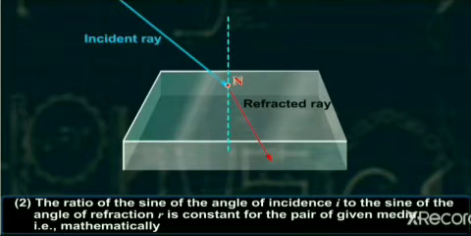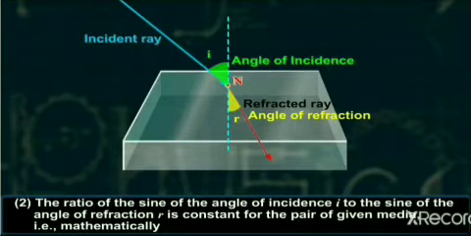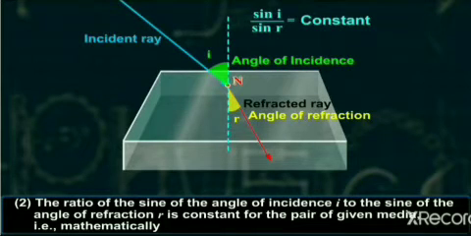The ratio of the sine of the angle of incidence I to the sine of the angle of refraction R is constant for the pair of given media. That is, mathematically, sin I upon sin R is equal to constant mu 2 1. Let this be equation 1.